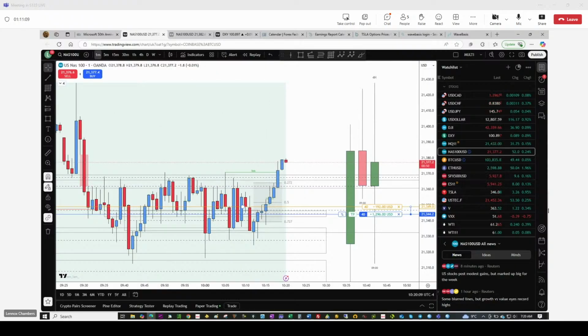The reason I don't move my stop is because if you go into a trade, we're looking at our 1, 2, 3. We get our 1, our 2, our 3. So in this case, this would be our 1, our 2, and our 3. And inside of that, we got an A, B, C. We get this A, B, C move.